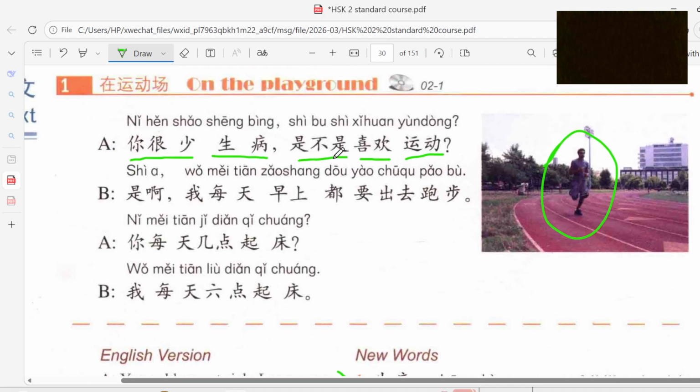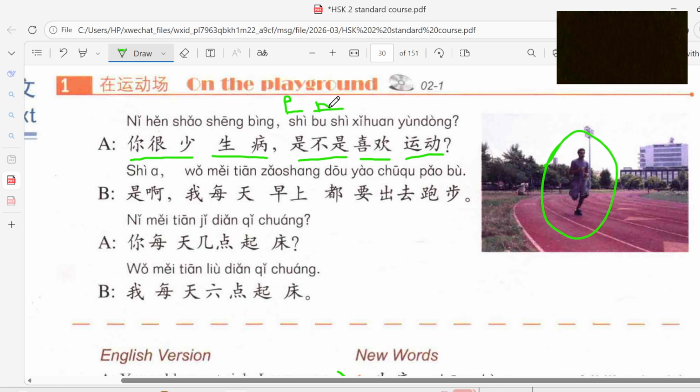So this 是不是 is like the person who is asking, the first person, is giving you choices. The first choice or the first answer can be 是. The second answer can be 不是. So 是 is a positive answer and 不是 is a negative answer.